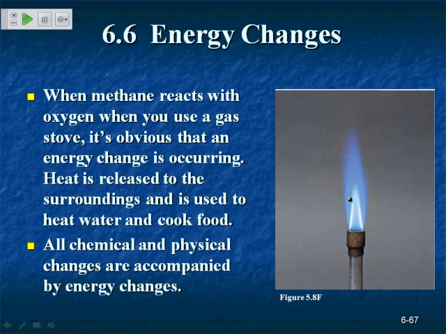If you are using the propane that you use in your grill, or natural gas, if you have natural gas lines to your home for your stove, the heat produced is used for boiling water and cooking food.